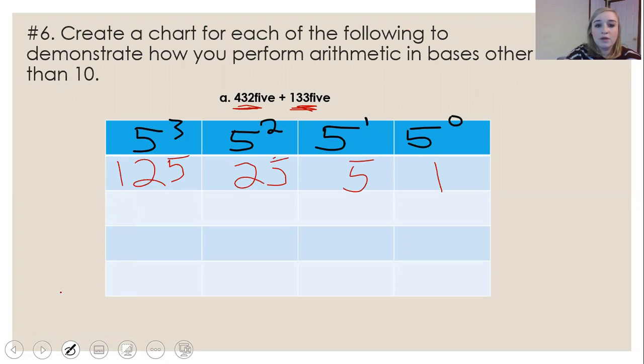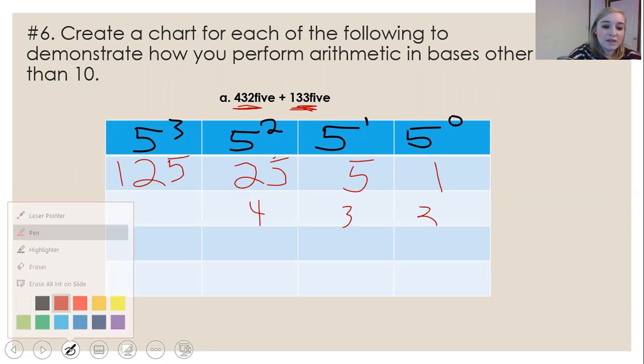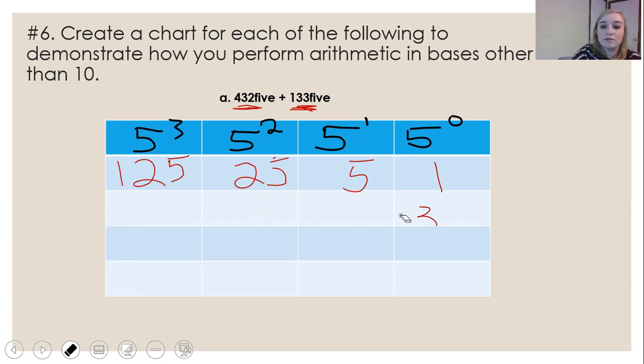We would start here with the 432, but we're going to change that to dots. So 1, 2, 1, 2, 3, 1, 2, 3, 4.